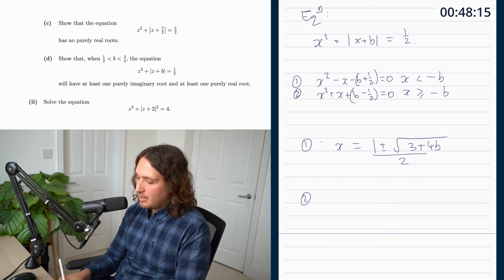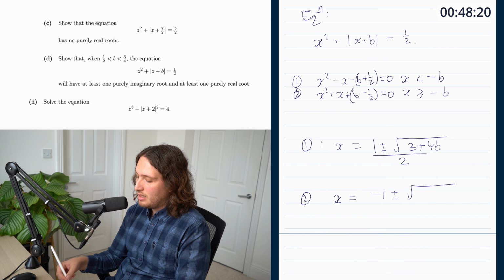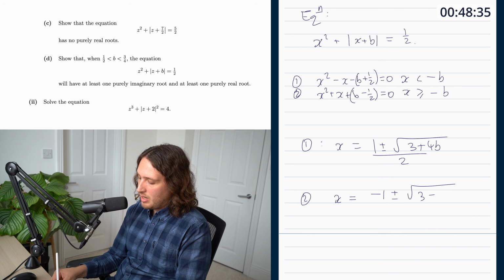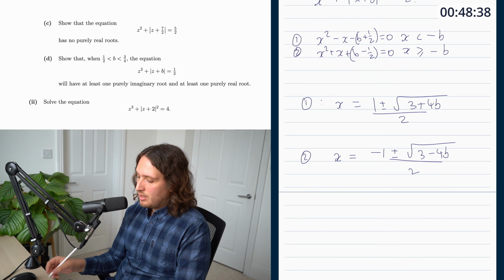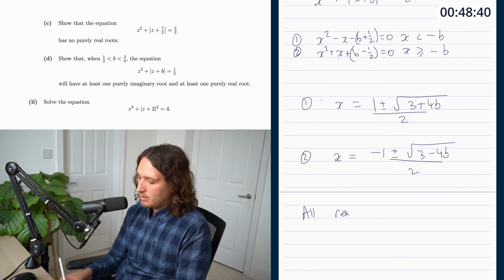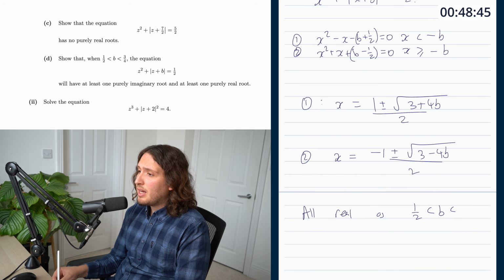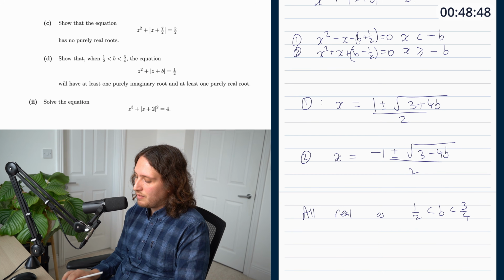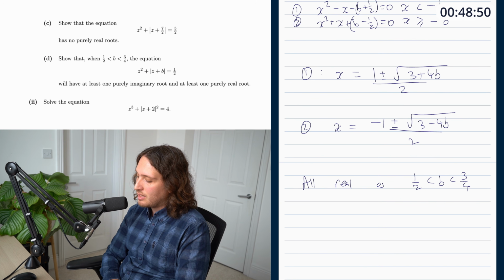And for the second case, I get x is minus 1 plus or minus square root, 1 minus 4b minus minus, still makes plus 2. So I think I get 3 minus 4b over 2. So note that all are real as b is between a half and 3/4, but I need to convince myself that at least one is on the correct domain.